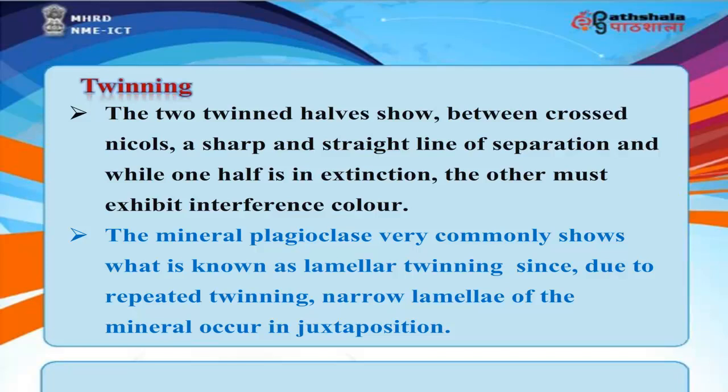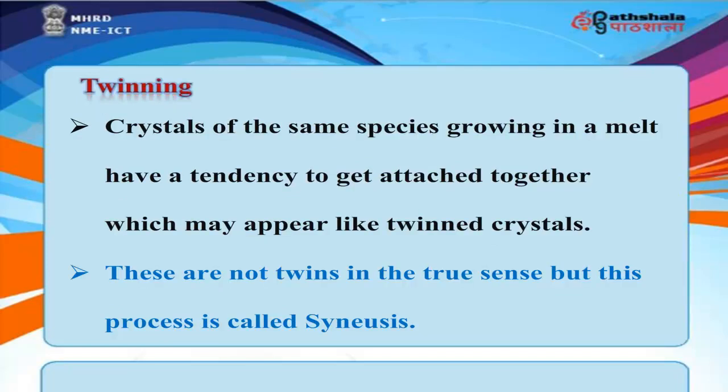The mineral plagioclase very commonly shows what is known as lamellar twinning, since, due to repeated twinning, narrow lamellae of the mineral occur in juxtaposition. Crystals of the same species growing in a melt have a tendency to get attached together, which may appear like twinned crystals. These are not twins in the true sense, but this process is called syneusis.